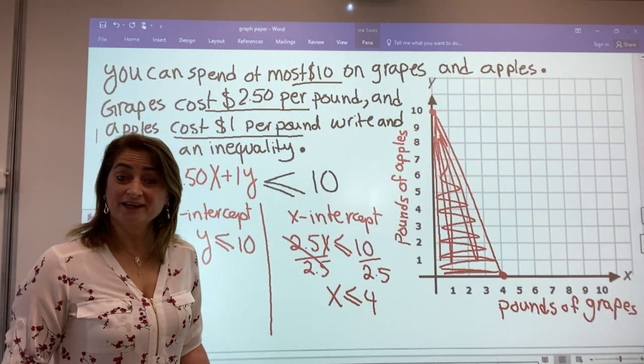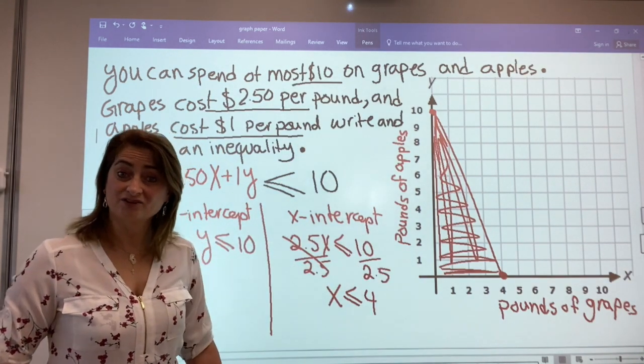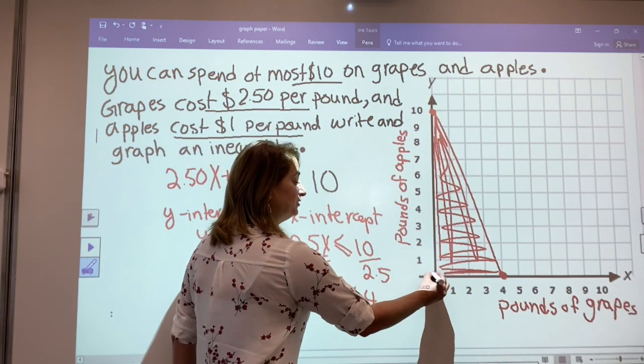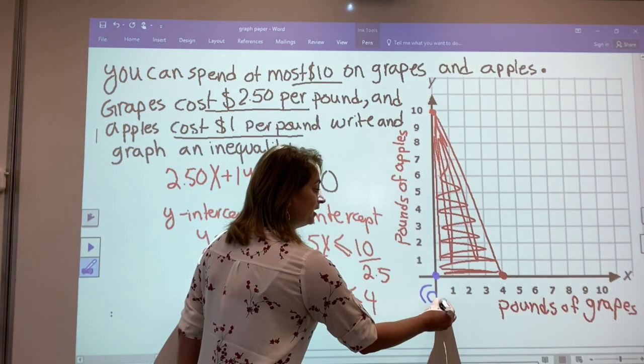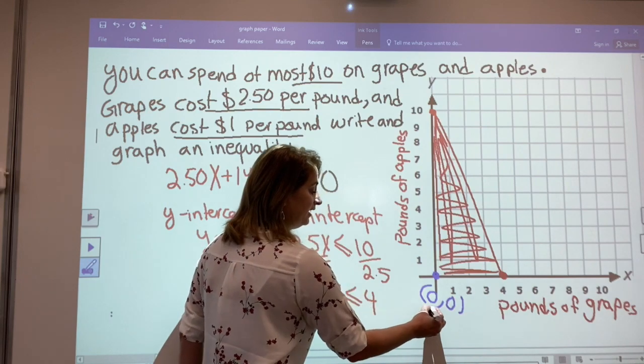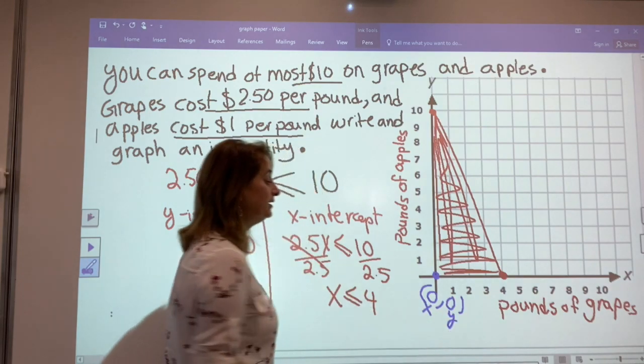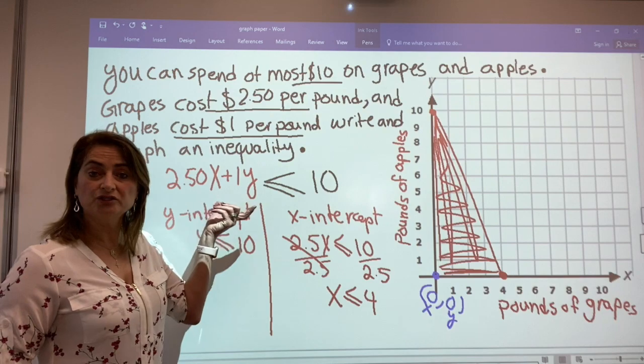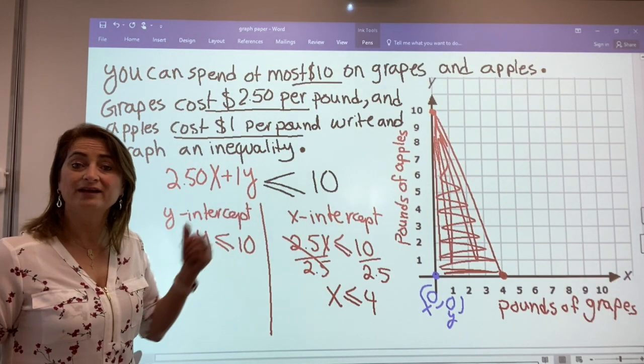Now, how do I check if I shaded the right area of the graph? I would check the origin, which is 0 pounds of grapes and 0 pounds of apples. This is the X, this is the Y. Substitute them in the original equation. Does it satisfy that equation?